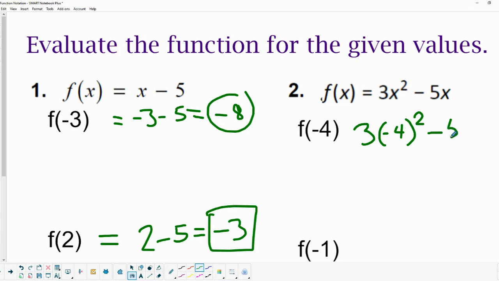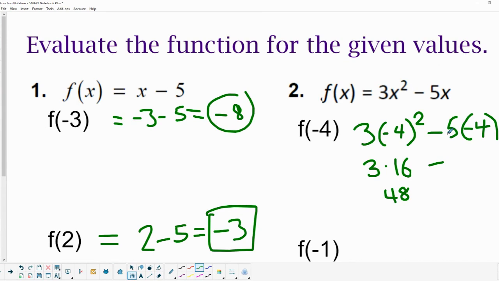Minus 5 times negative 4. And what is negative 4 times negative 4? Well, that's 16. So 3 times 16 would give us 48.